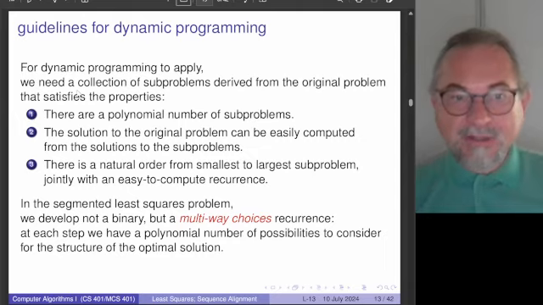In the previous lecture, we had either-or choices. Choices were binary. Here we will develop multi-way choice recurrences. So in every step we have multiple choices to consider.